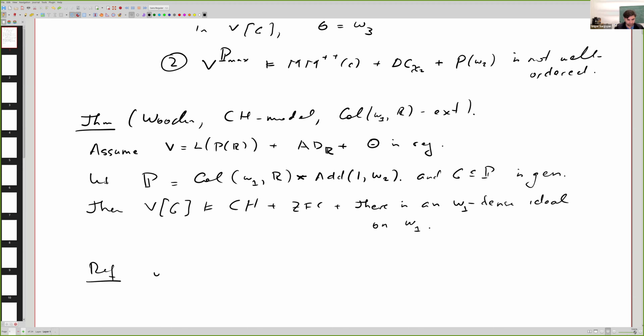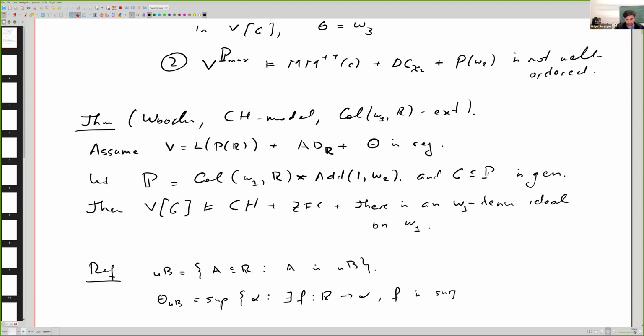So UB is the set of all UB sets. And theta UB, this is the supremum of all alpha such that there exists a function from reals onto alpha, F is a surjection, and the relation x is less than or equal to y if and only if F of x is less than F of y, and this is UB.